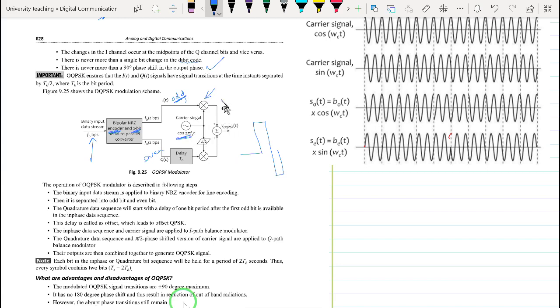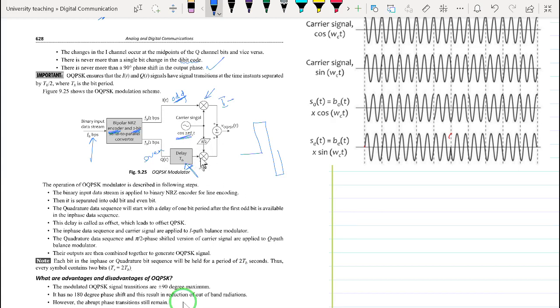and we have the I or in-phase channel added with the Q or quadrature channel. And what you see before we get to this point is that the quadrature component or bit stream is delayed by 1 TB by this block diagram, and the delay allows us to see, just like we have seen earlier, that the bit stream is going to be 1 bit period behind those of the I channel.